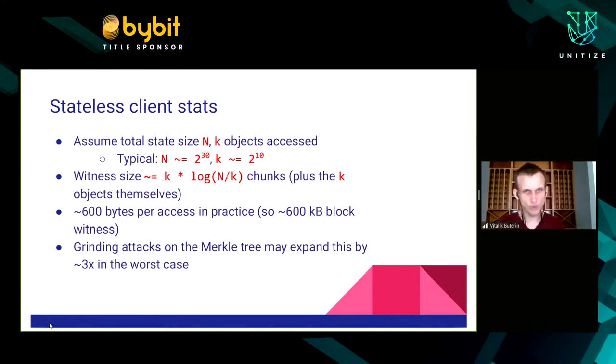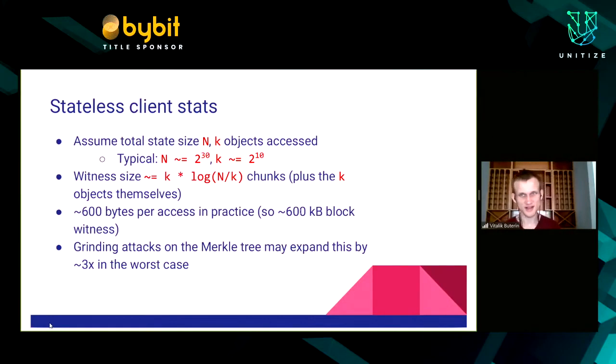But if you have more than one branch, then you can make a bit of savings and combine the parts of the Merkle branches that are redundant with each other. And so instead of K times log N, it's K times log of N over K. In practice, assuming an optimal Merkle tree, it's about 600 bytes per access. This is just plugging these numbers into the formula. And so a witness becomes about 600 kilobytes.